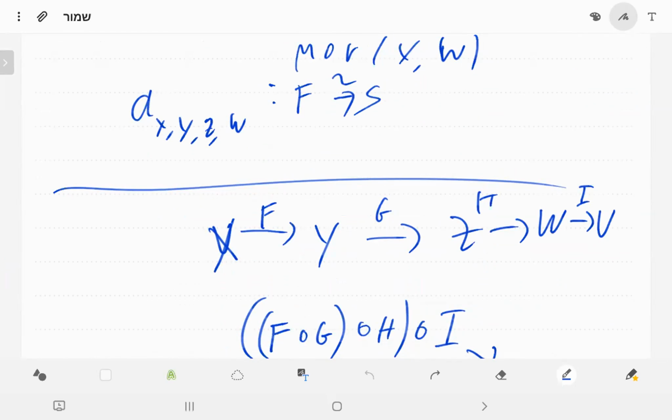And of course, you can ask, why I didn't say anything about morphism between those functors? Because indeed, what I should have said is that I have 5 objects, and I don't fix some 4 functors. So I have the collection, this quadruple multiplication of morphism between x to y, y to z, z to w, and w to v.